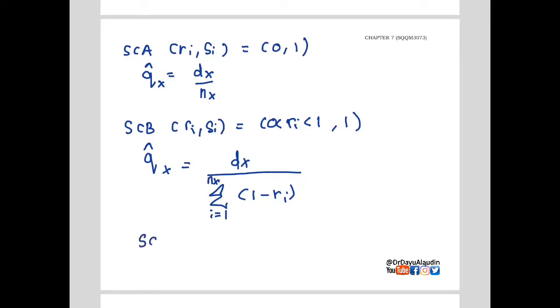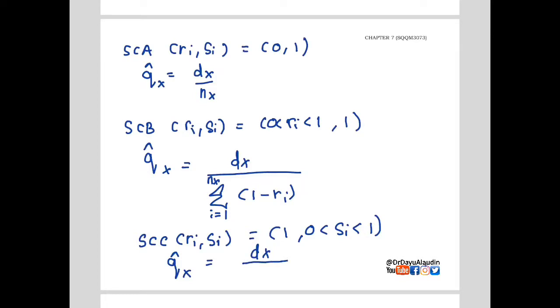And the last one, special case C, where RI is 0 and SI is between 0 and 1, the denominator becomes SI.